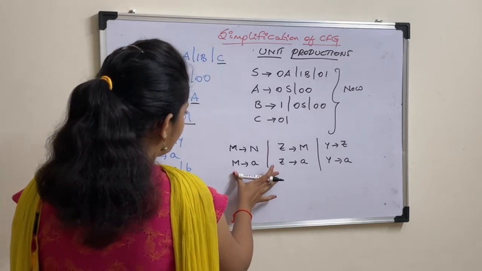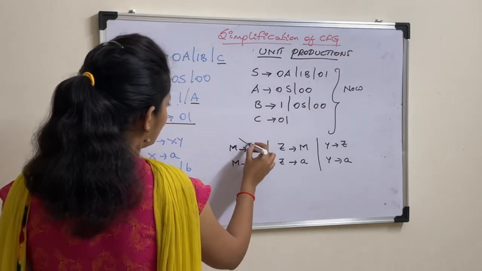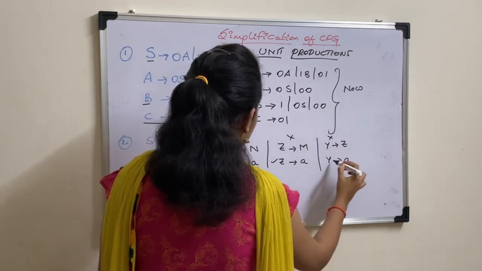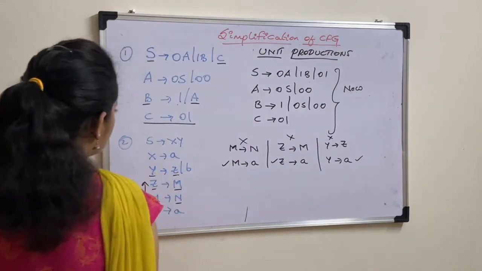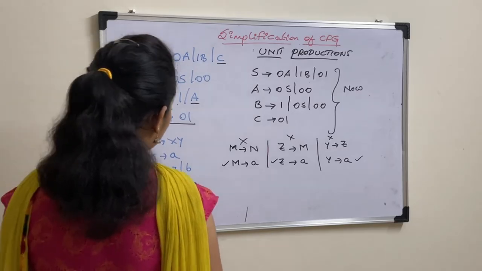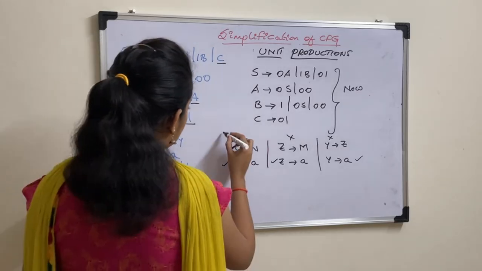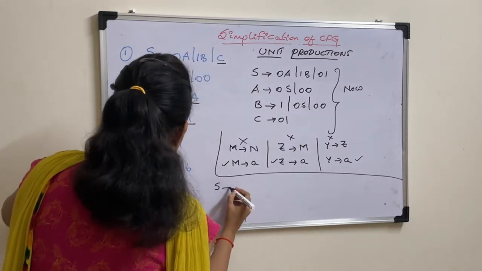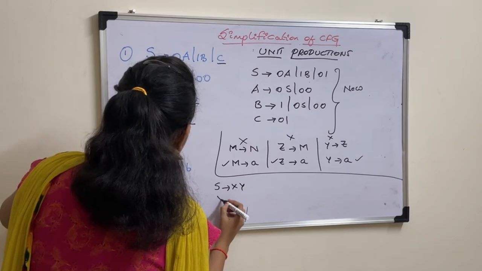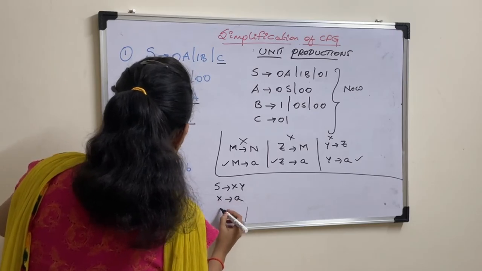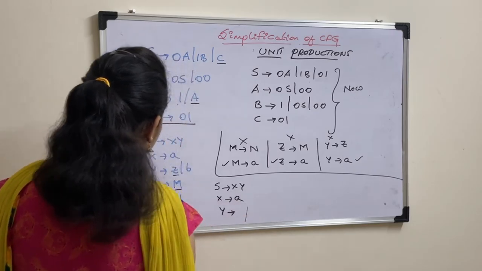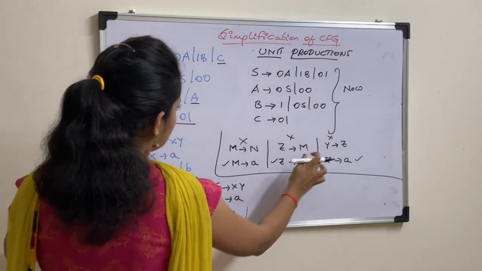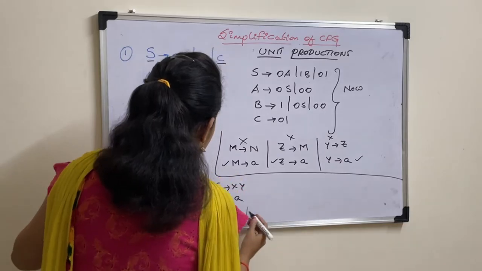So now there are no unit productions. You can eliminate these three. Just take the new productions. Write the new productions obtained from this grammar. One is S derives XY, X derives A, Y derives Z. That should be written as Y derives small a.